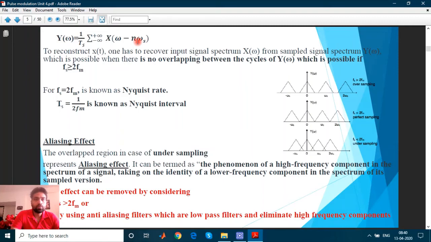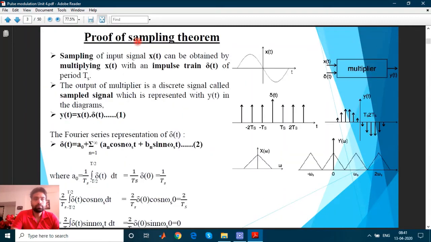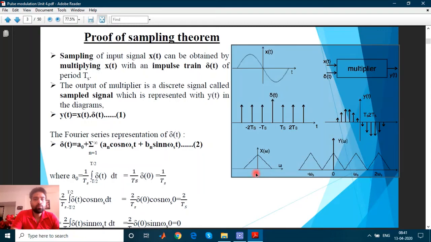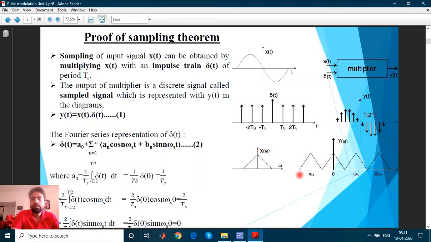So looking back at this, here is basically your signal x(t), and here we have the impulse train. When we multiply these, it will become like that. If this x(t) has a frequency domain response X(omega) from minus omega m to plus omega m, and we then look at the impulse train, it will have a frequency response at different intervals of frequencies, starting from minus omega s, because it started from minus Ts.